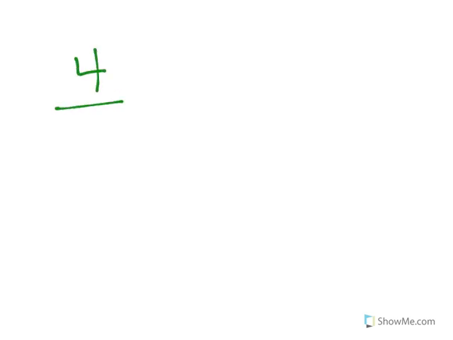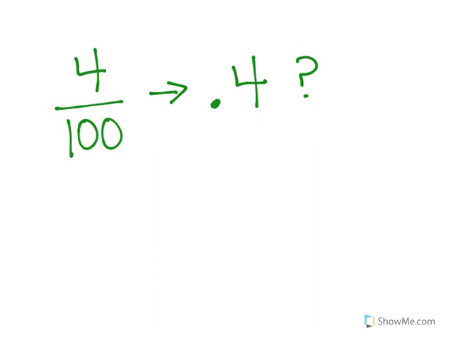There's one more problem I want to practice with you guys. Let's say I had 4 100ths. Would this be correct? Well, this is the tenths place, and I'm in the hundredths place. Did I reach the hundredths place when I wrote it like this?